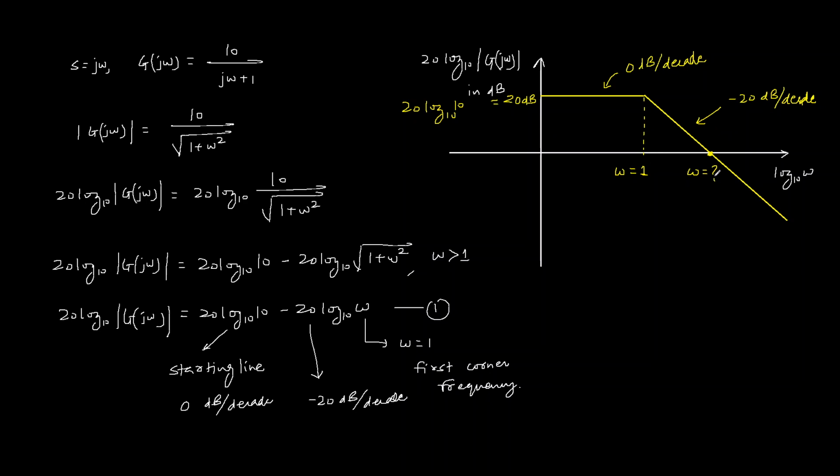So after 1 decade, the magnitude becomes 0. So this frequency is omega equal to 10. Frequency is increased by 1 decade, and the magnitude is reduced by 20 dB, so slope is minus 20 dB per decade. So that's how we draw the magnitude Bode plot starting with 0 slope.